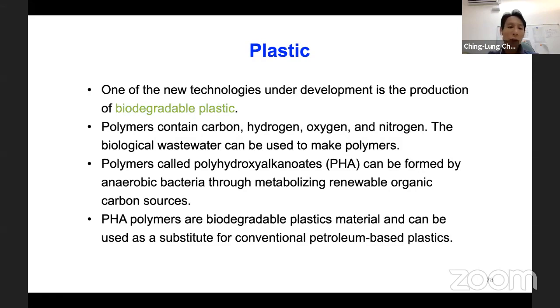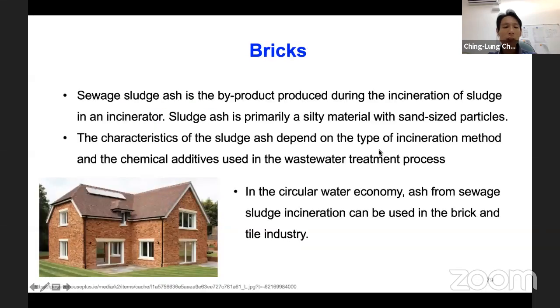This biodegradable plastic usually contains carbon, hydrogen, oxygen, and nitrogen. And the biological wastewater can be used to make the polymer. Okay. And then brick.